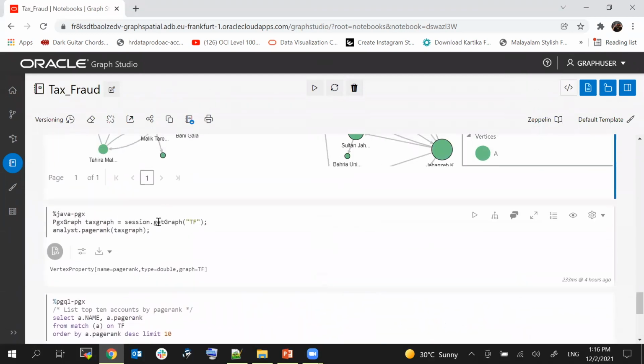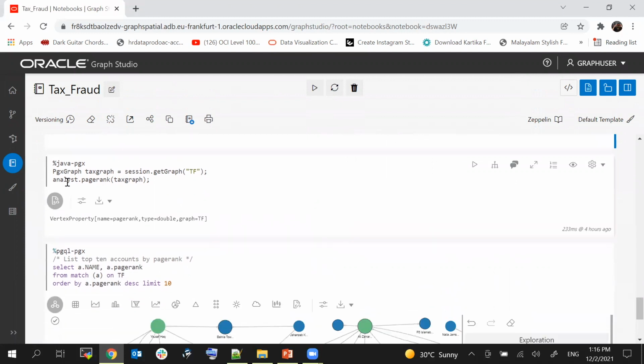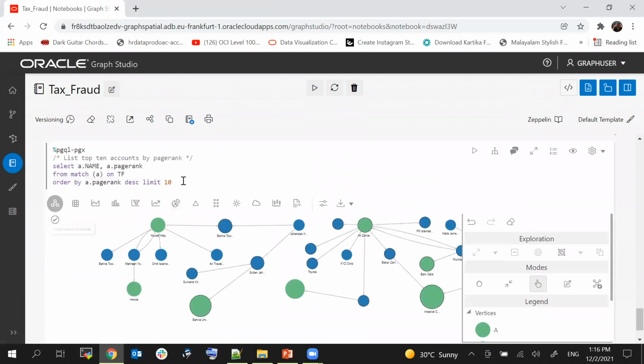Just like how we executed an algorithm for the betweenness and then visualized the information from that graph, we can also use Java PGX as an engine to run PageRank against a particular graph and then visualize it using the property graph query language, which can easily give you a visual representation of who stands out from the rest.